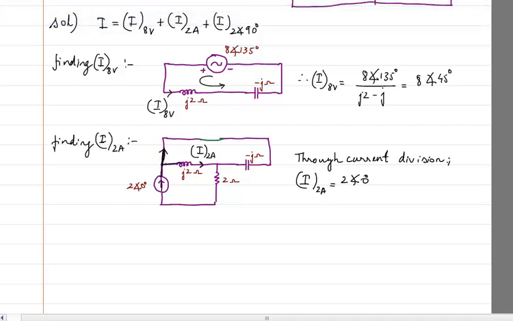One is this one and the second one is this one. The current is going to be decided based on the impedance value of this branch and of this branch. This 2 ohms is not going to be of any consequence. Why? Because this is a current source. Whatever be the case, it will push out 2 angle 0 current.